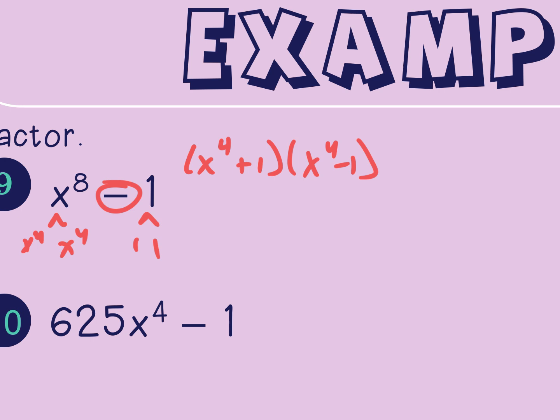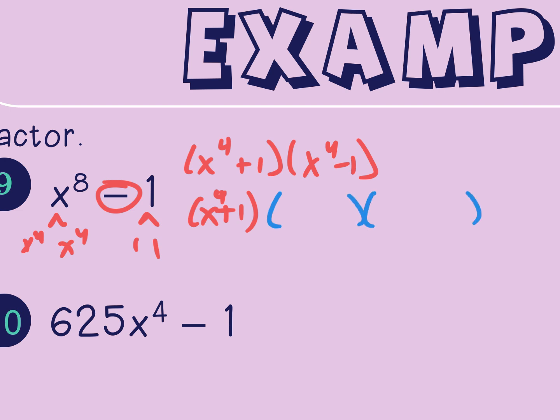Can I factor any further? Can I do anything with that first parenthesis? Is x to the 4th a perfect square? Yeah. Is 1 a perfect square? Yeah. Is there a minus sign in the middle? On the first one? No. So that one's just going to stay. What about the second one? Is x to the 4th a perfect square, guys?